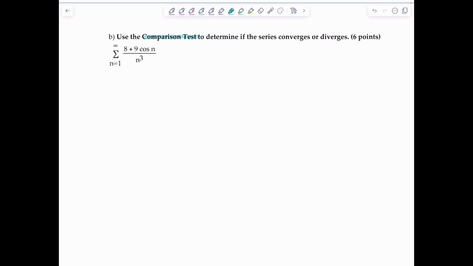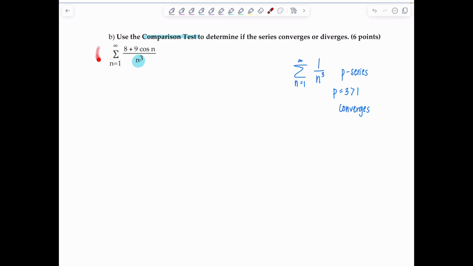So the first thing that's popping out at me is the fact that there's an n cubed down here. Right away I start thinking, when we do comparison test, if I have 1 over n cubed and the sum's going n equals 1 to infinity, that reminds me of a p series, right? And p is equal to 3, which is greater than 1. So this series converges.